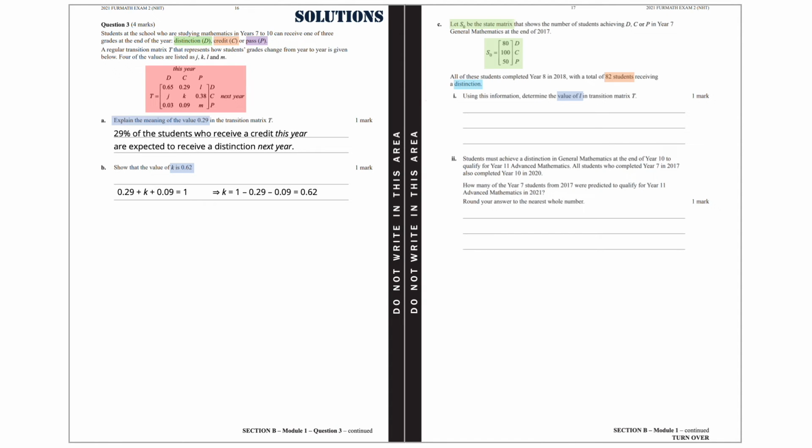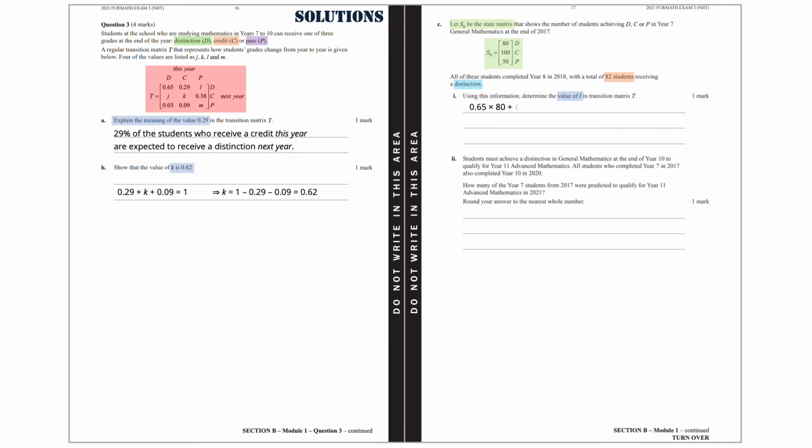From the transition matrix, we know that 65% of the students who were awarded a distinction this year are expected to be awarded a distinction next year. Therefore, we have 0.65 times 80, plus 29% of the students who obtained a credit this year are expected to obtain a distinction next year.